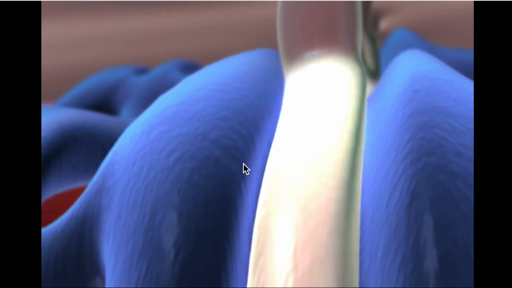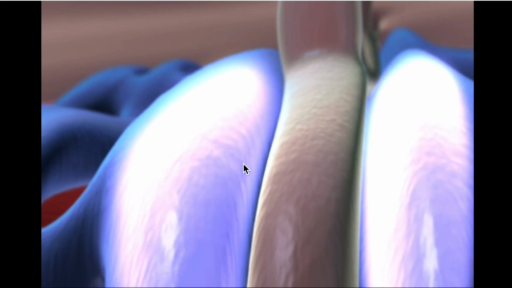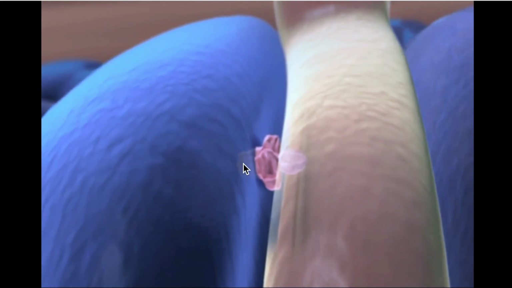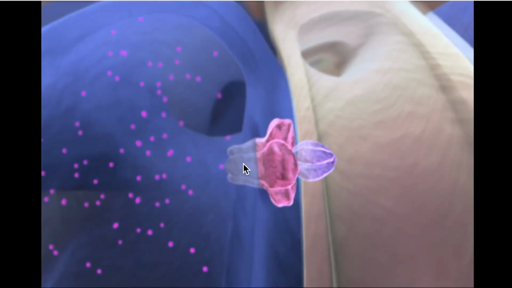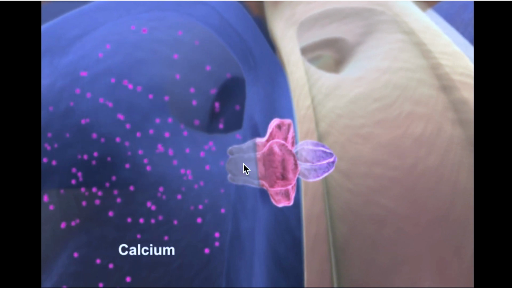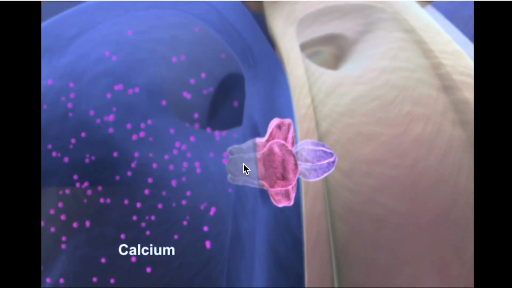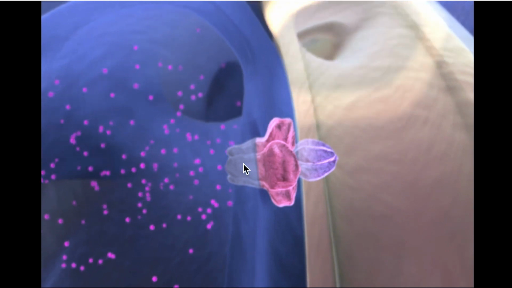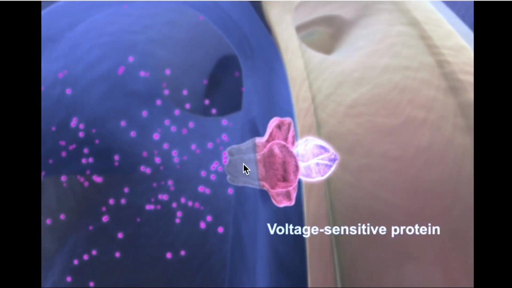The junction formed by the tubule encircled by the swollen sarcoplasmic reticulum is termed a triad. Proteins, shown here in pink, at the junction between the T-tubules and the terminal cisternae facilitate the connection of the two membranes, regulating the release of calcium from the sarcoplasmic reticulum.